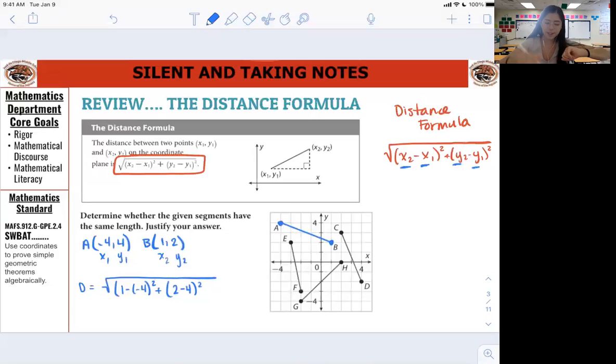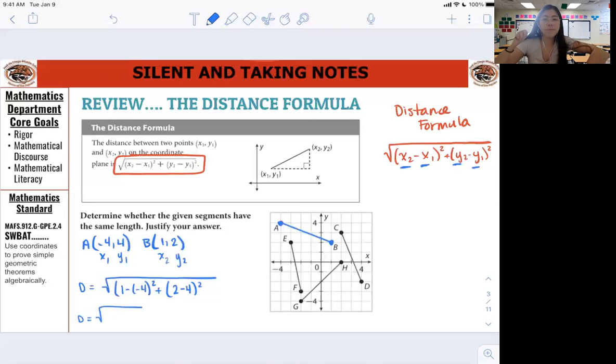So far, this is very similar to what you guys already know how to do for slope. Okay, then let's do what's in the parentheses. 1 minus -4 is what? Good. 1 minus -4.